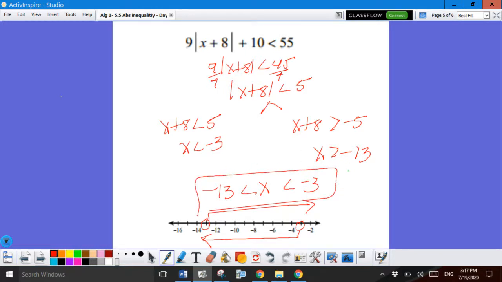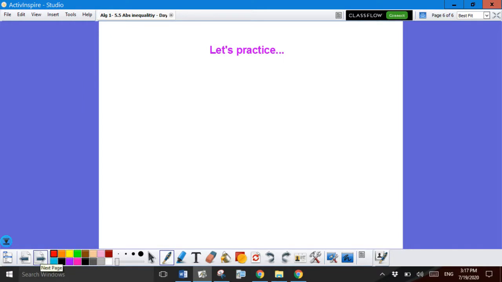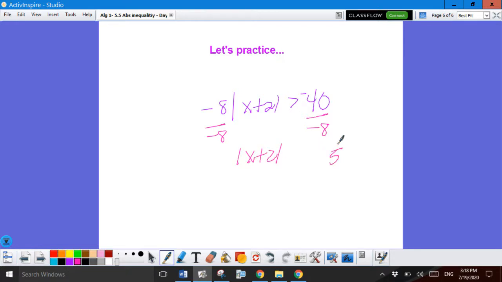Okay, the only thing you need to watch for is something like this. If I give you a problem like this, where I'm dividing an inequality by a negative, I'm going to have to flip an extra time. So x plus 2, a 5, this has to flip, okay?